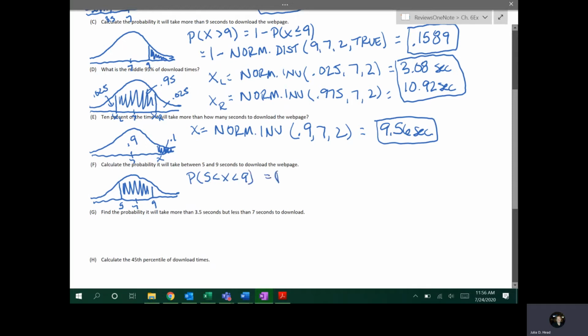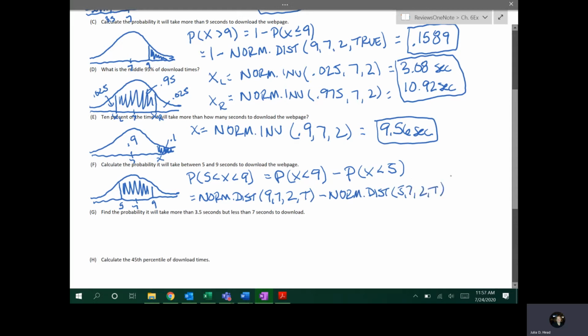So we're going to use the between rule, where we take the norm.dist of the bigger one minus the probability that x is less than the smaller one. Or 0.6827.